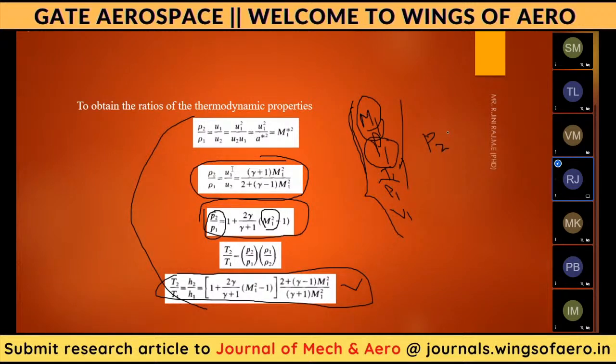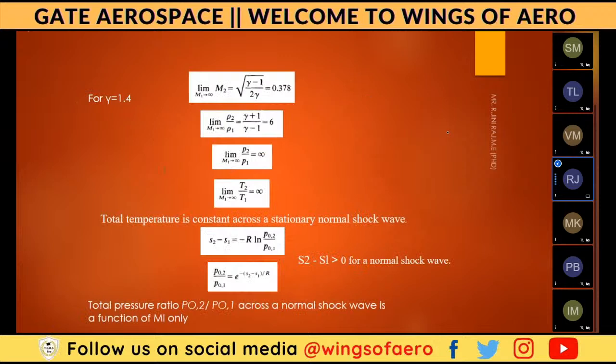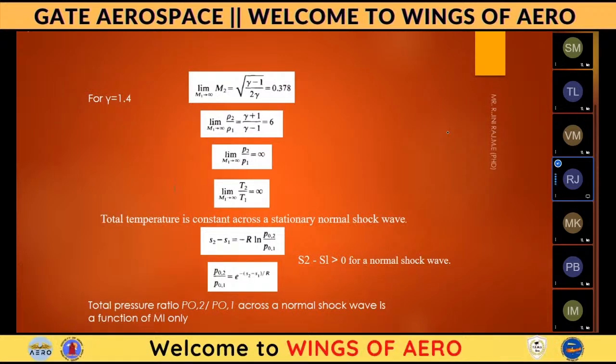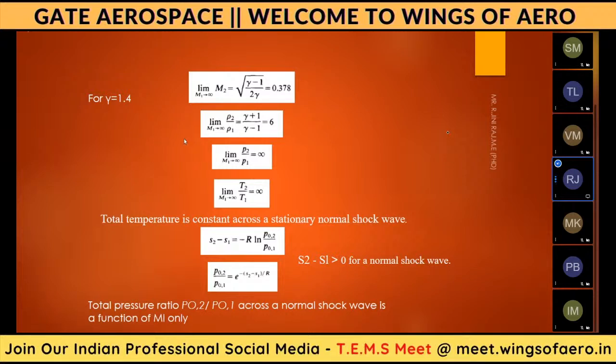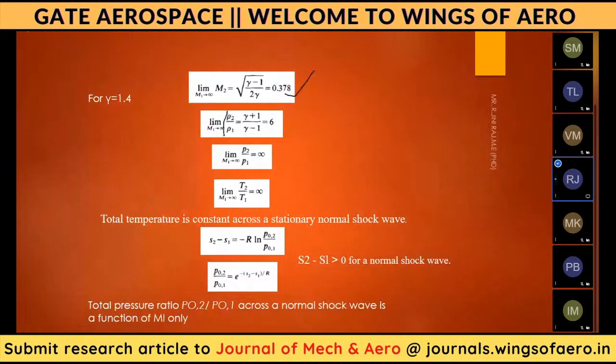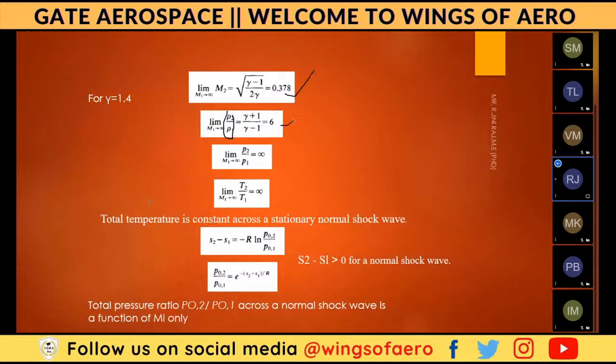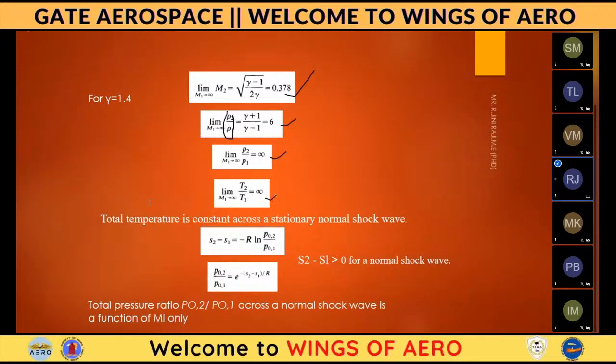Yes, thank you. So for gamma equal to 1.2, we have certain values, and if M1 tends to infinity, the final Mach number value is equal to 0.378. Also the density ratio rho2 by rho1 is equal to 6. In the same way, the pressure ratio will become infinity, and the temperature ratio will become infinity.